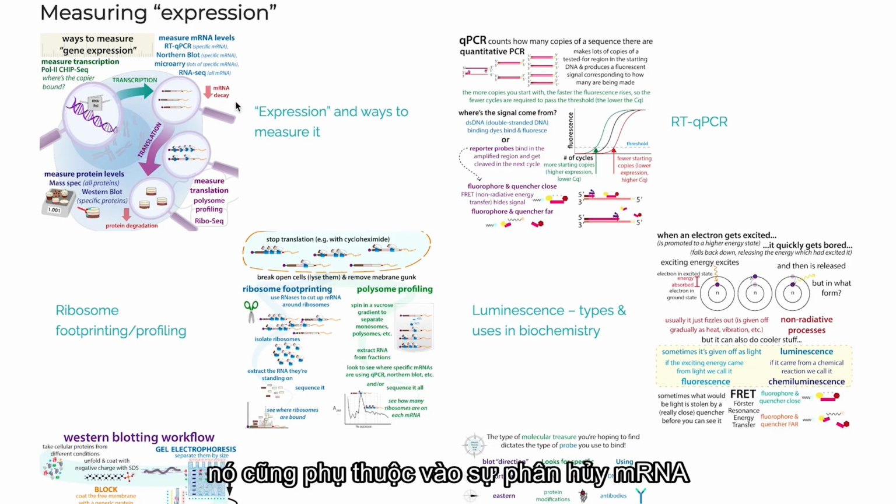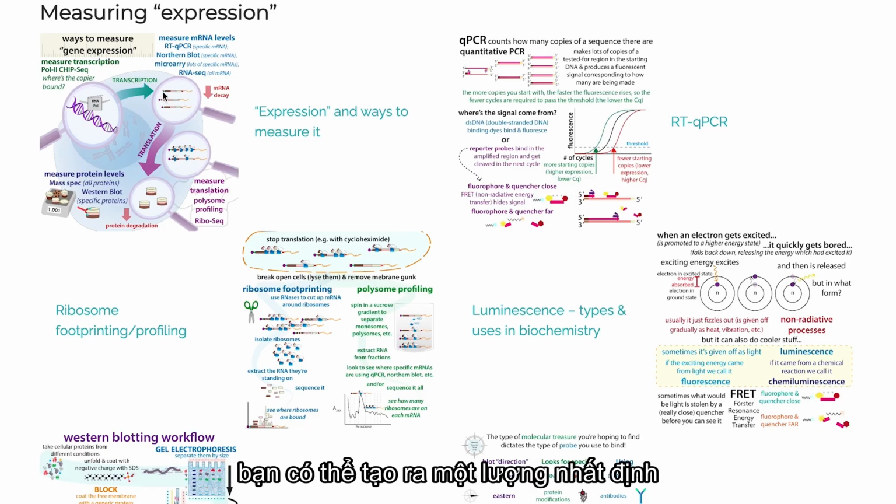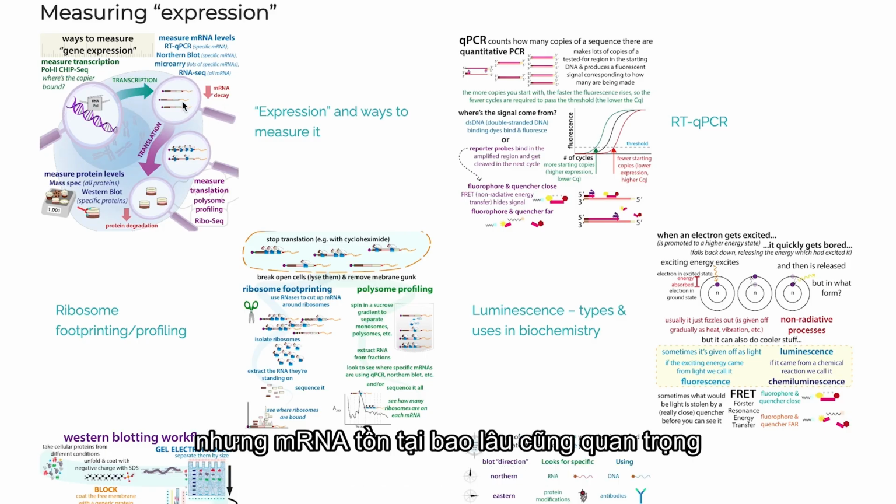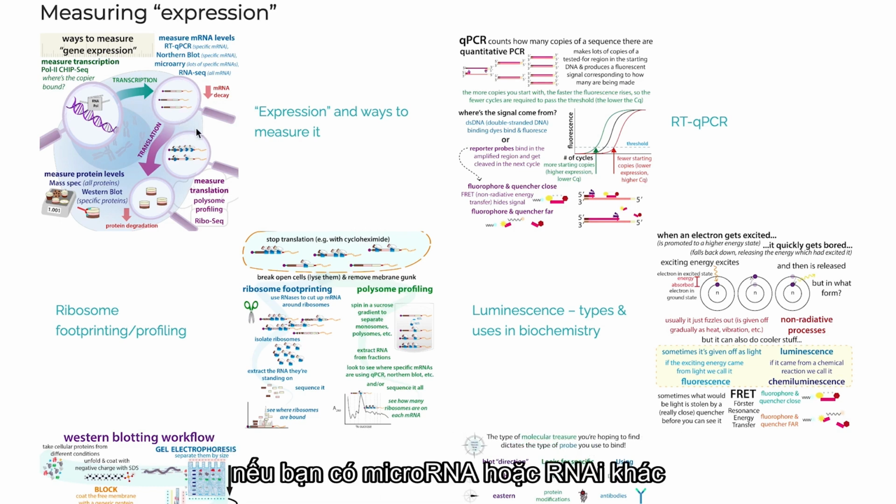And it's also going to depend on things like messenger RNA decay. So you might be making a certain amount, but how long is that messenger RNA hanging around? If you have things like microRNA or other RNAi, this can be influencing that. If you have other decay factors, that could be influencing that.